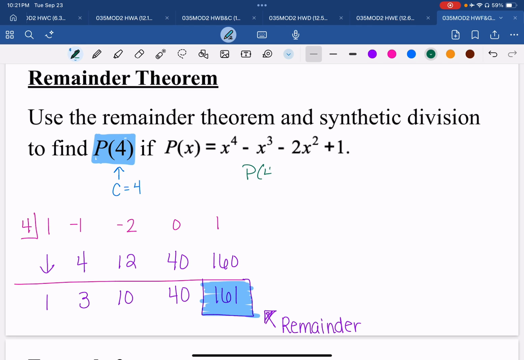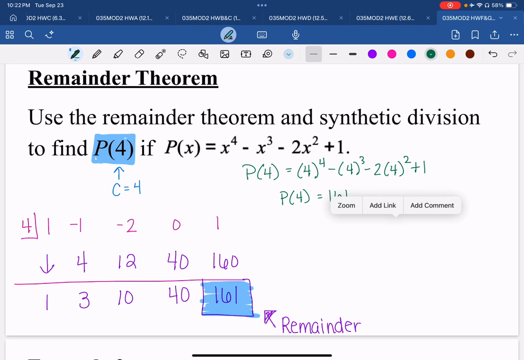So if I just plug in 4 and do 4 to the 4th minus 4 to the 3rd minus 2 times 4 squared plus 1, and put all that in my calculator, guess what we'd get? 161. The remainder is going to be the same as the value you would get by plugging in that number.